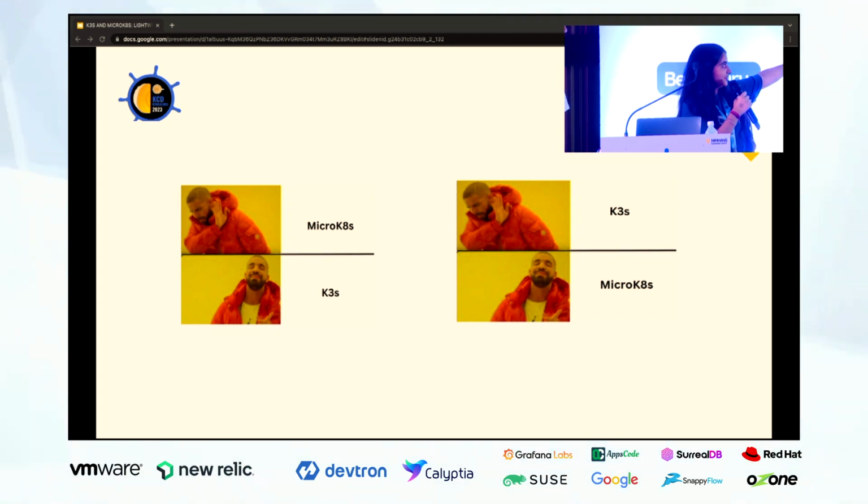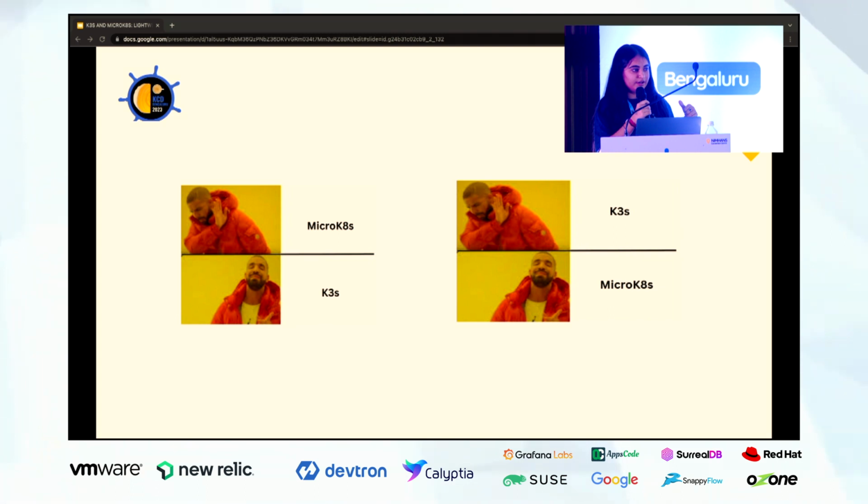One side says that K3s is for you, and the other side says that MicroK8s is for you. Selecting your lightweight Kubernetes distribution totally depends on the use case, the resource constraints, and the familiarity with the Kubernetes internals. Mentioning those points, you can use any of these distributions.